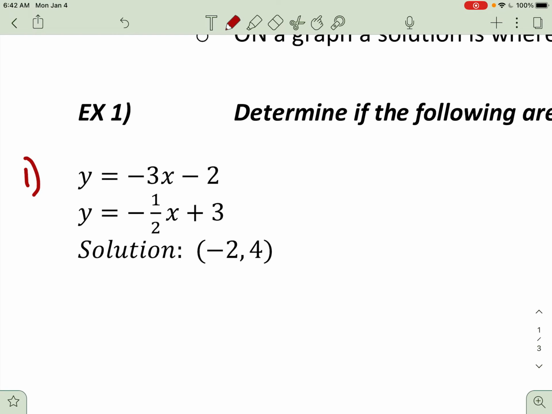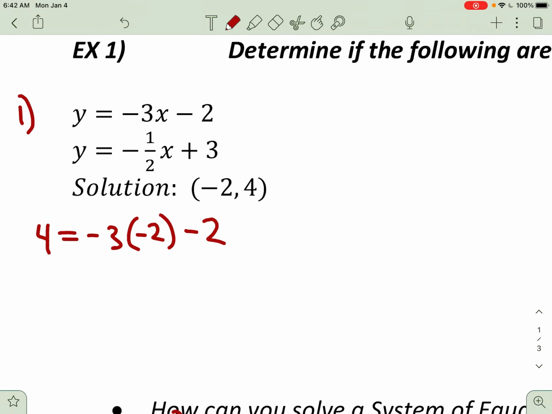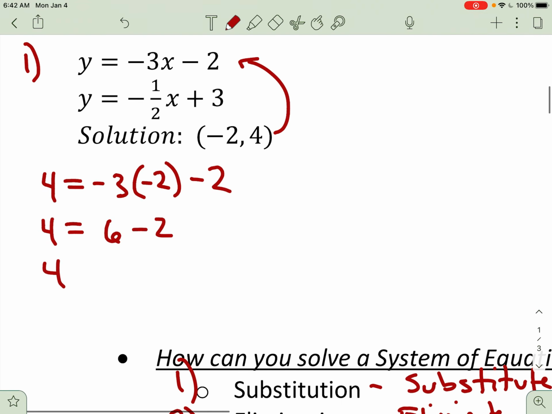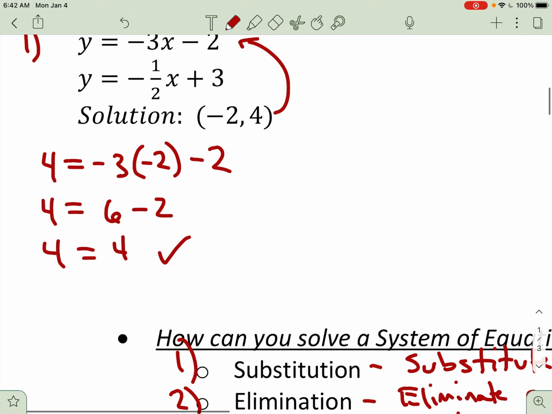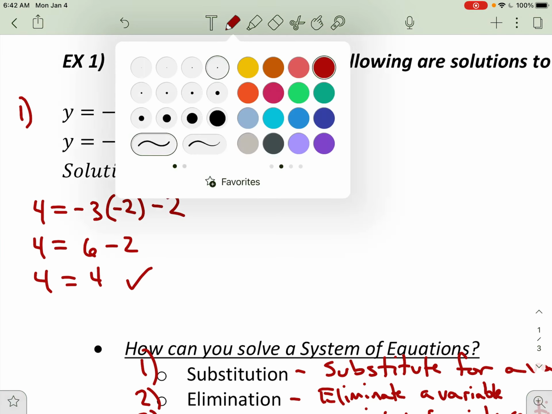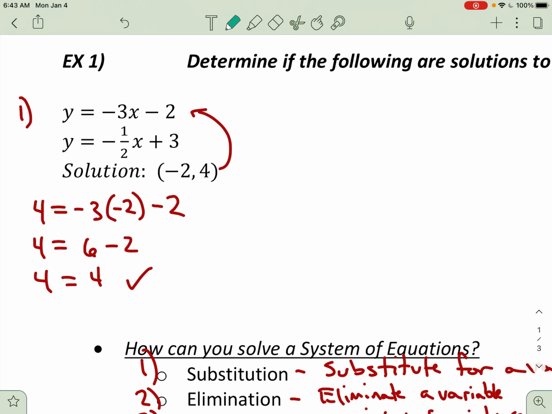So y is 4 and x is negative 2. We're plugging into this first equation. So 4 equals 6 minus 2, and 6 minus 2, of course, is also 4. So 4 equals 4, that is a true statement. That checks out. Now let's check it out with the other equation.